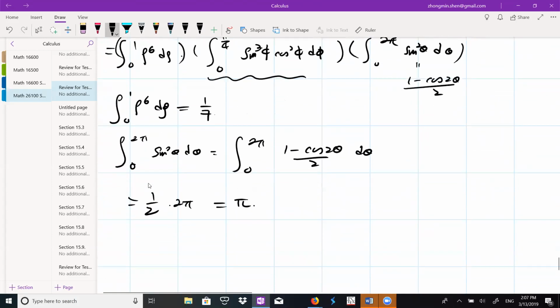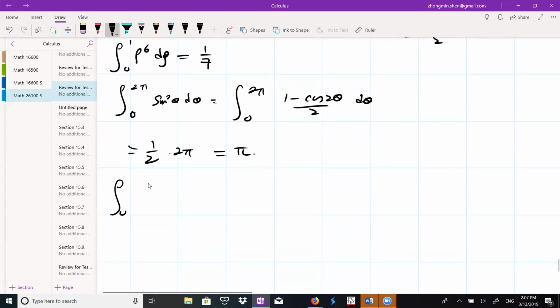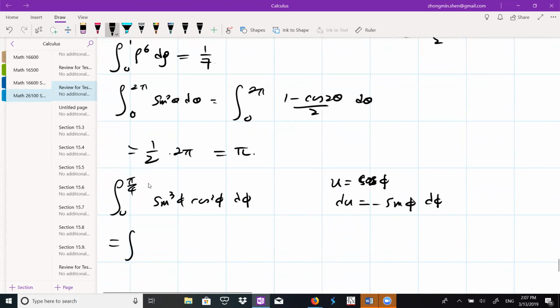Now we are going to work on the next one. I have to use a substitution. I let u equal sine phi, so du equals cosine phi d phi. When phi is 0, u is 0, and when phi equals pi over 4, u is square root 2 over 2.